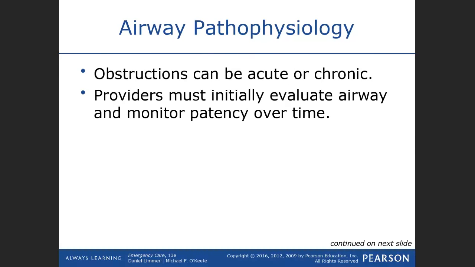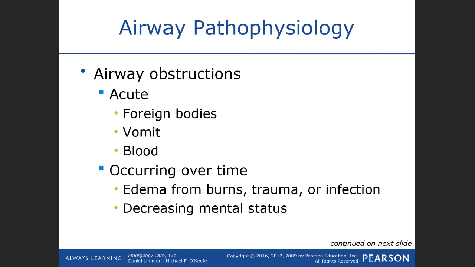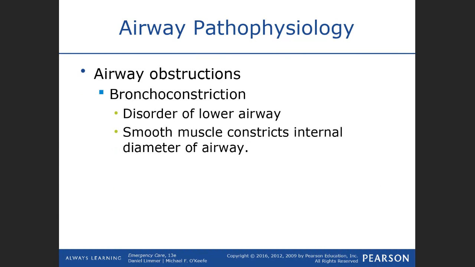Providers must initially evaluate airway and monitor patency over time. Airway obstructions, acute: foreign bodies, vomit, blood. Occurring over time: edema from burns, trauma, or infection, decreasing mental status. Airway obstructions, bronchoconstriction, or constriction of the lower airway.